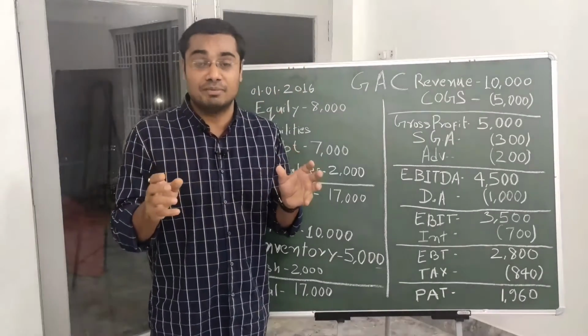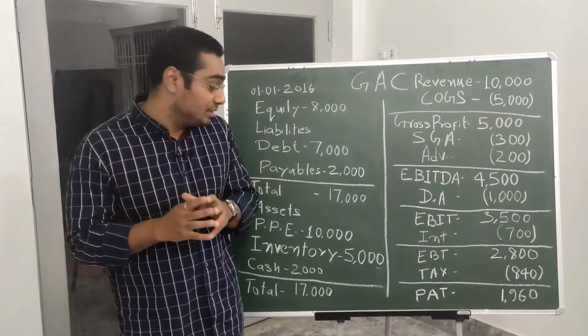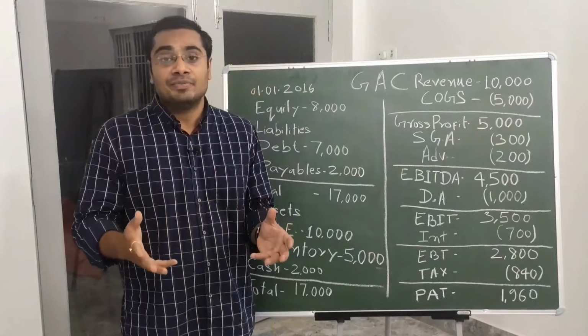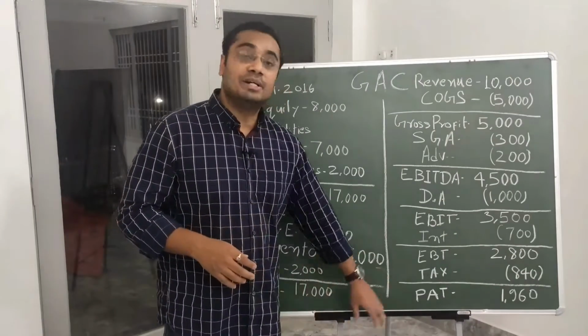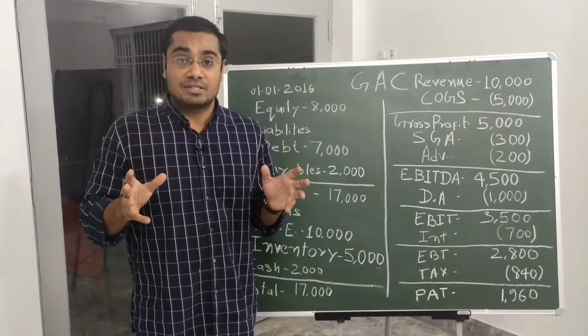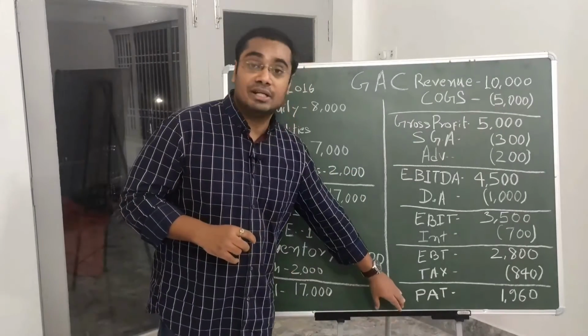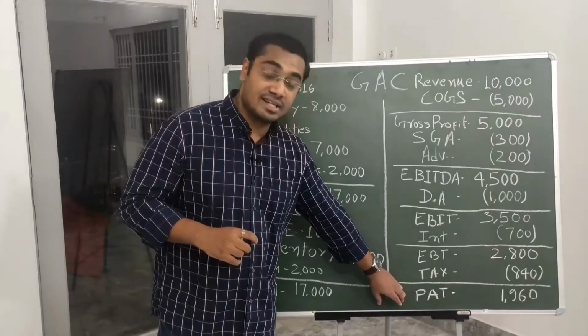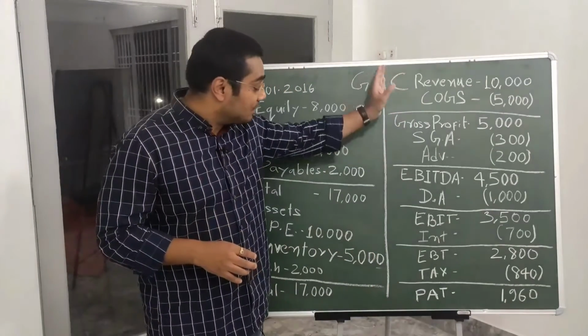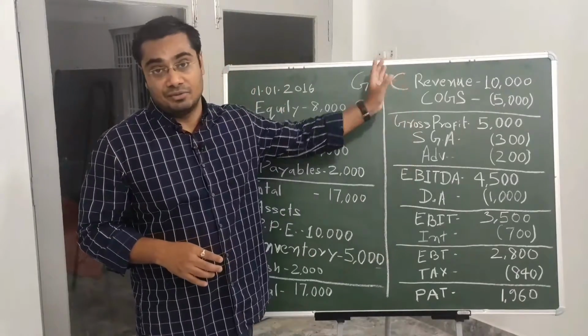If the majority shareholders of the company decide that this amount or a part of this amount should be distributed amongst the shareholders, this amount would be divided as dividend to the shareholders of the company. In sum total, shareholders have a complete say over this amount. So friends, this is our example of a profit and loss account.